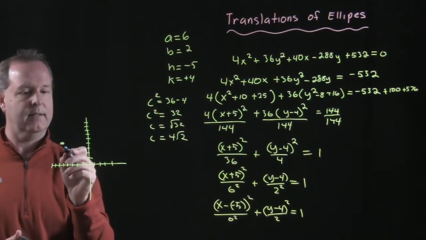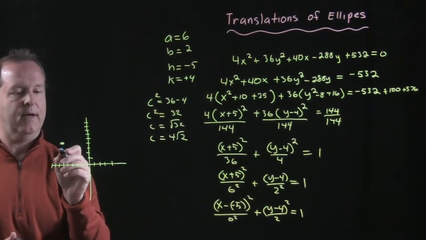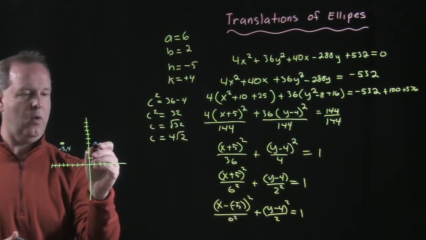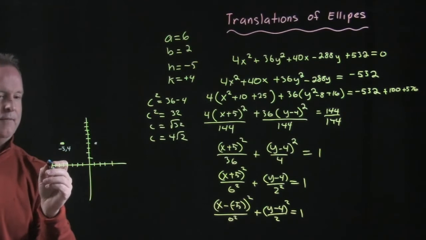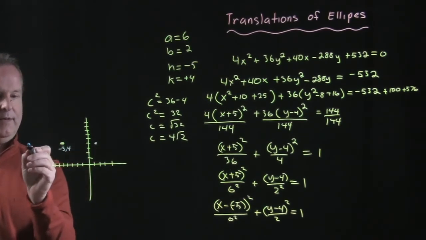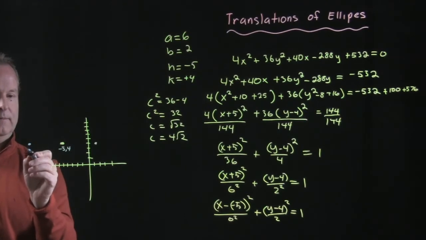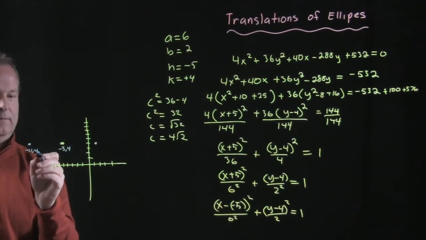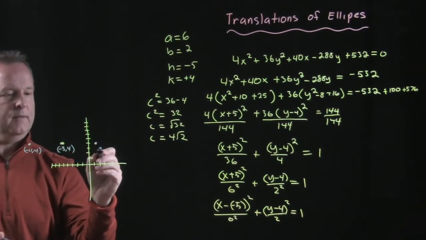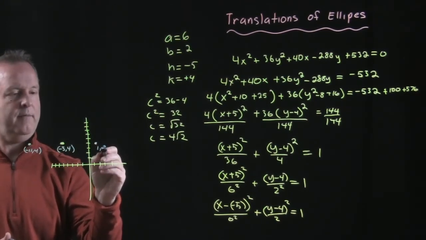This point was negative 5, 4. So I'm going to have a point over here at 1, 4. I'll have a point over here at 6 more than 5, so negative 11, 4.